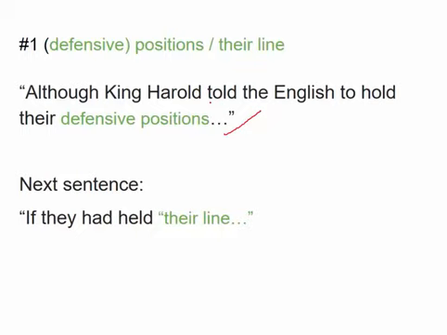So King Harold told the English to hold. Hold is your synonym for maintain from the question in the flowchart. And that was a key word that allowed you to answer this question with defensive positions or just positions. Again, if you said the line, which came later, that would also work. It's the same idea.